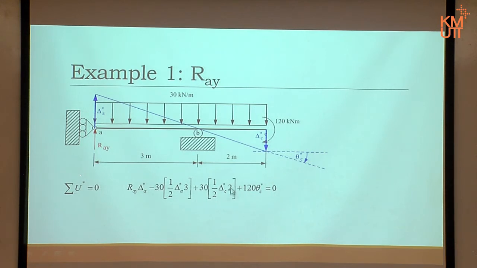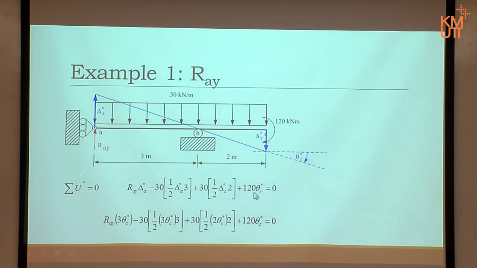That represents that triangle, where the force is down, displacement is down, therefore positive. The moment 120 going clockwise, rotation from that line to that line clockwise as well. So this time positive.